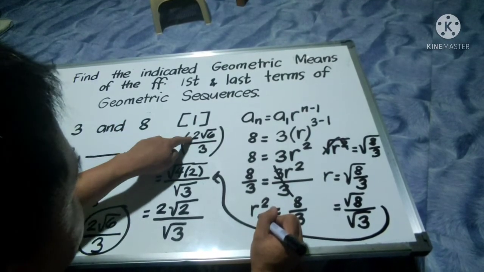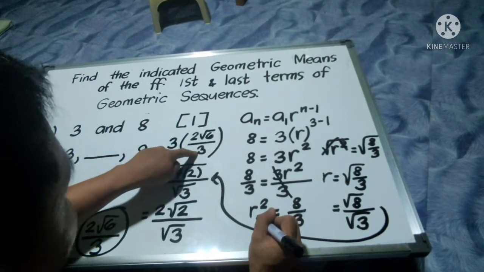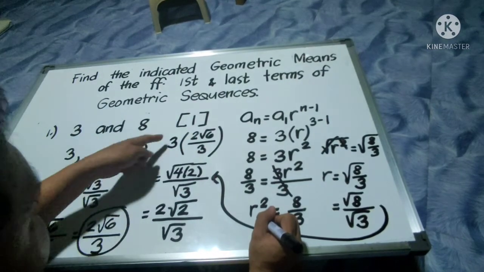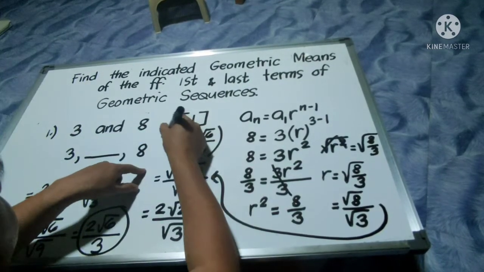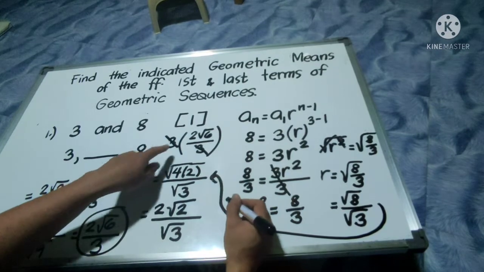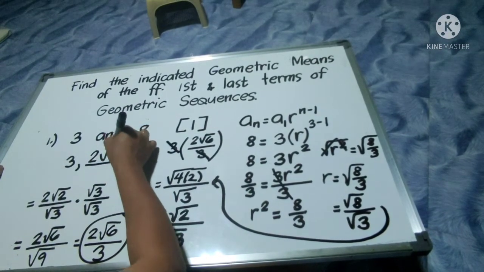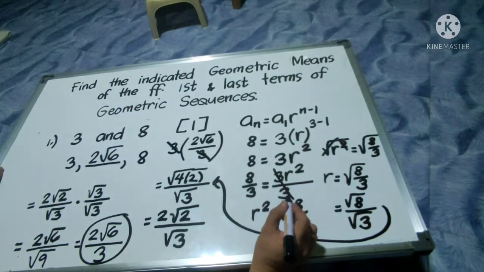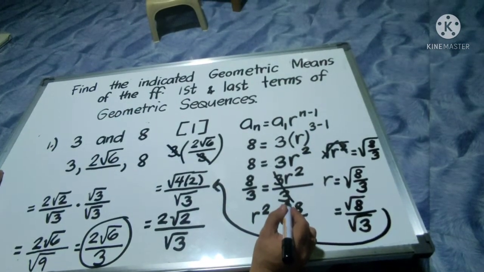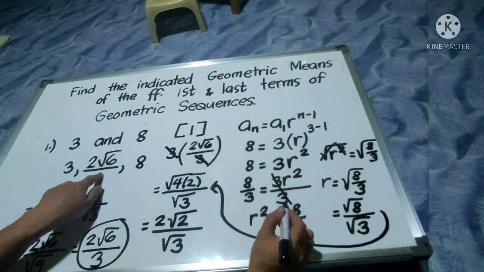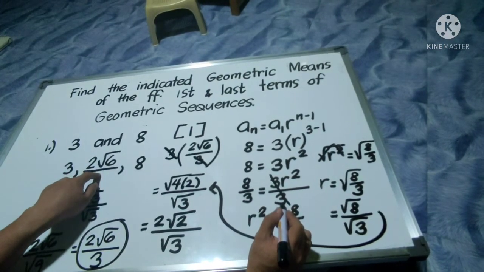So 3 times 2 is 6. Divided by 3 is 2. Or you can just cancel. So what is left is 2 the square root of 6. Okay? So that is how you do it, or that is how you solve the geometric mean.